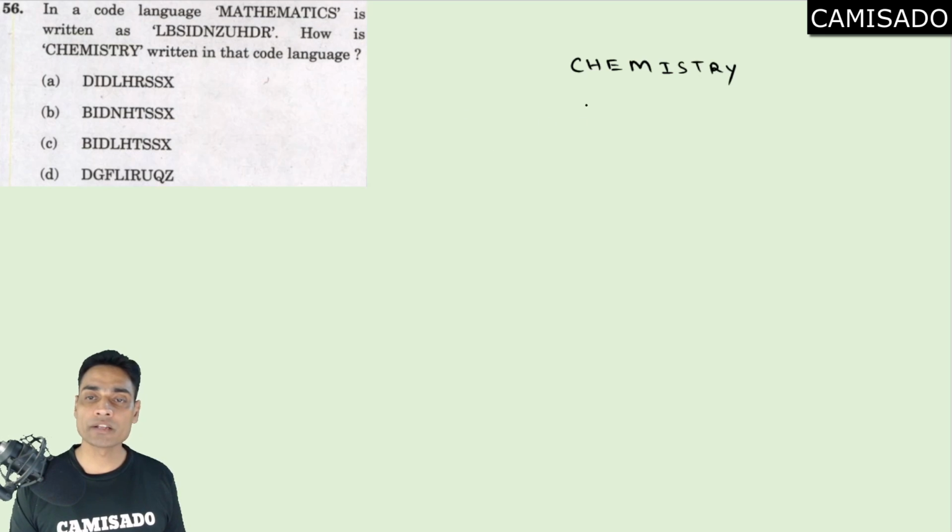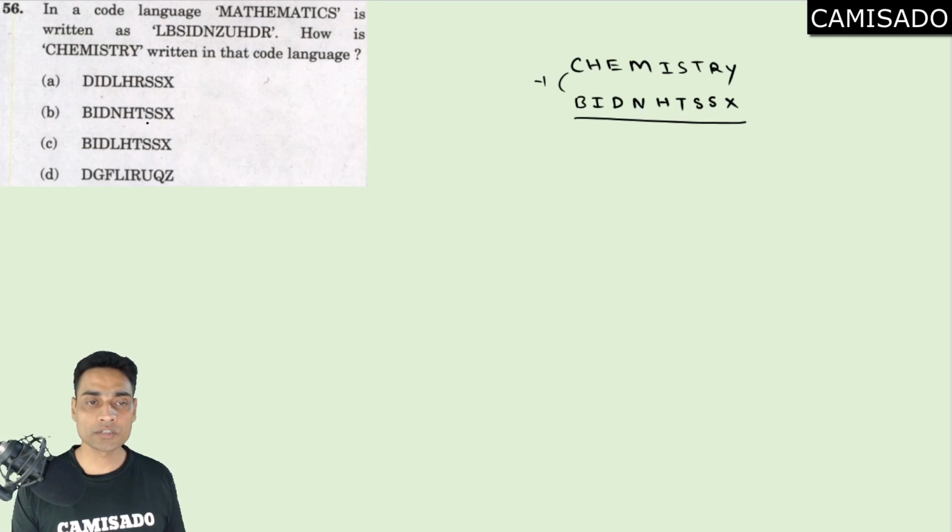So starting with minus 1: when you minus 1 here, you get B here. When you plus 1, H, I; again minus 1, D; again M, N; minus 1, H; plus 1, T; minus 1, S; plus 1, S; minus 1, X. So this is the answer.